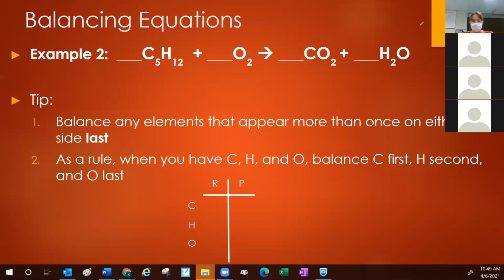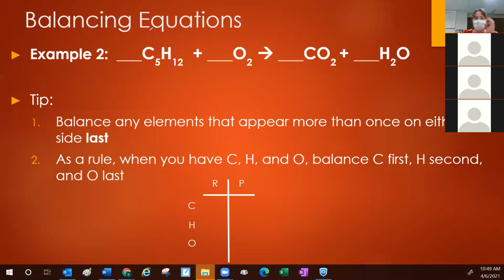Additionally, this particular type of reaction we're going to learn later on is called a combustion reaction. Don't worry about that now, but in a combustion reaction, the elements are carbon, hydrogen, and oxygen. Those 3 elements should kind of ring a bell in your brain because those were also the 3 big elements when you were doing biology.